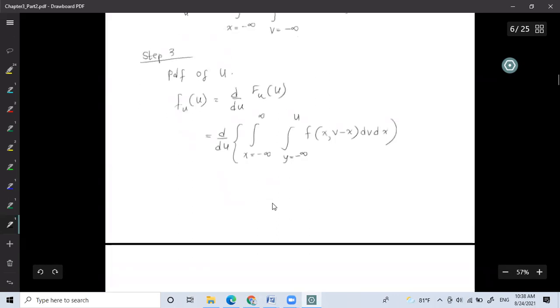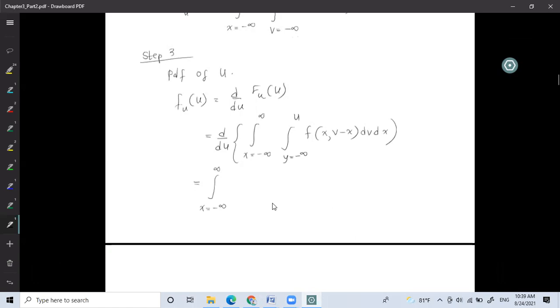So this is our differentiation. Now this differentiation is with respect to u. So you don't see any u in x. X is independent of that. U is only available in the second integration. So let's take our x outside. Why are we taking x outside? Because it is independent of u, right?